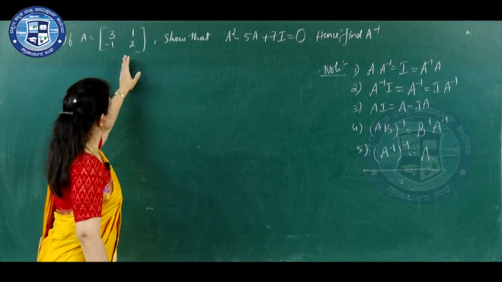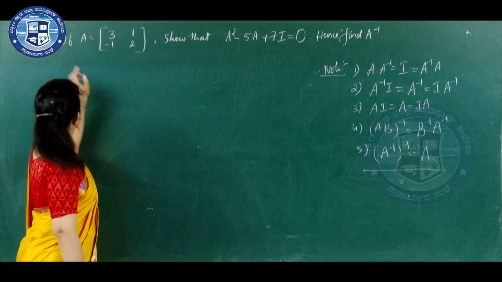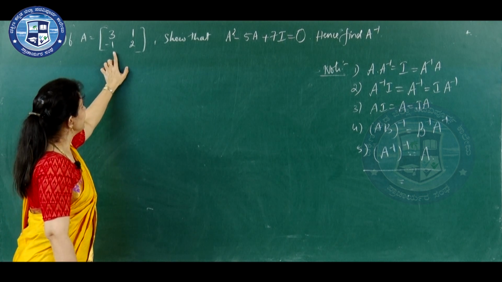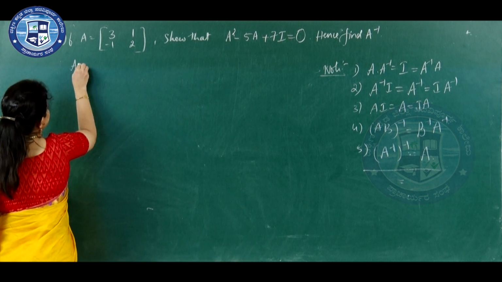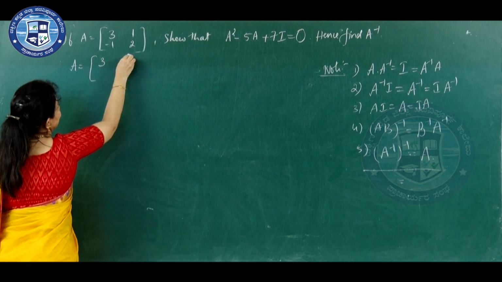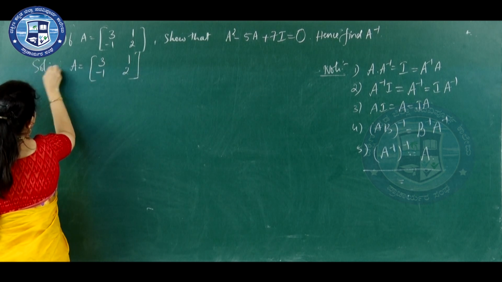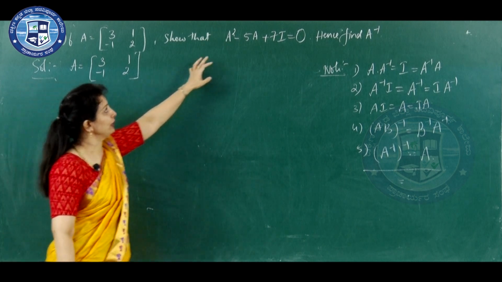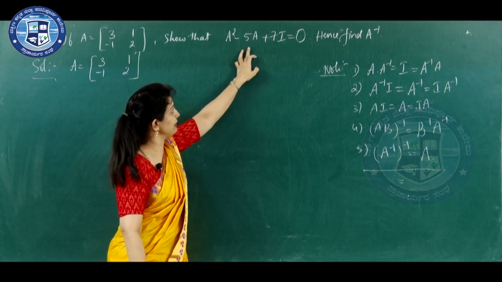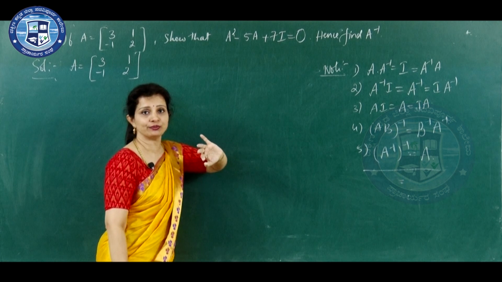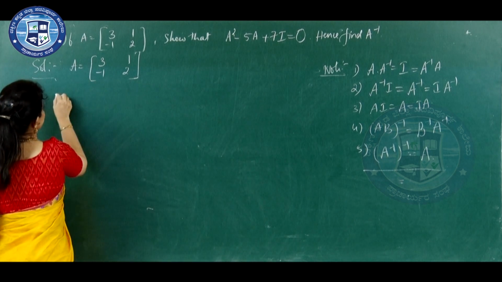Now, how to prove this one? Question number 4. If A is a square matrix, it is given A is 3, 1, minus 1, 2. We have to prove A square minus 5A plus 7I is equal to 0. So, first find out what is A square.